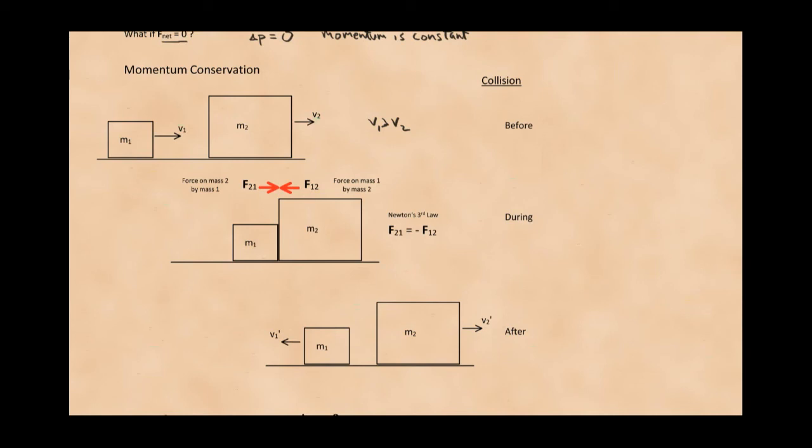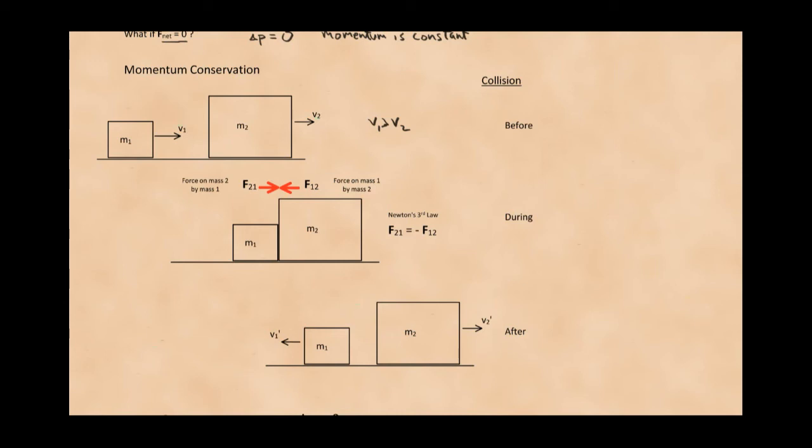So mass 1 will catch up to mass 2 and collide with mass 2. So in the first picture, mass 1 is approaching mass 2. They're both traveling to the right. In the second picture, they're colliding. Mass 1 runs into mass 2.